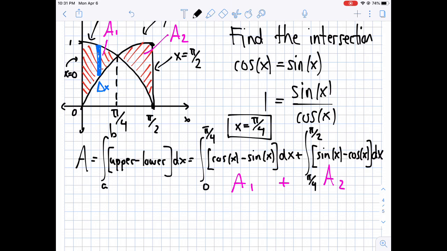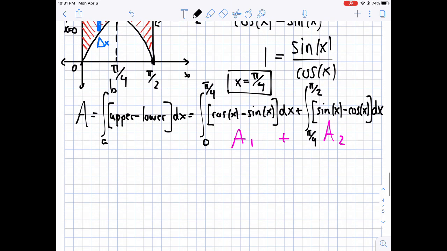Now we want to figure out what those two areas are and add them together. So for the first one, the antiderivative of cos x is just going to be sine x. The antiderivative of negative sine is going to be positive cos x. We evaluate all of this from 0 to pi over 4. Let's go to the second one.